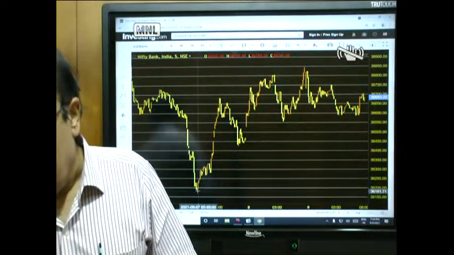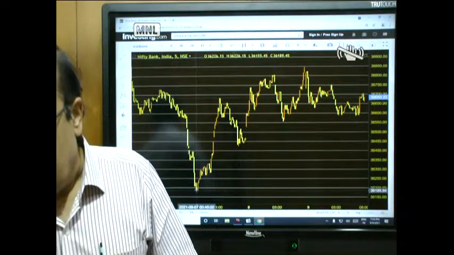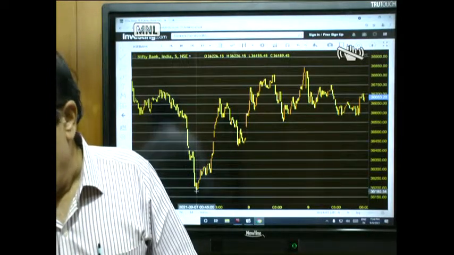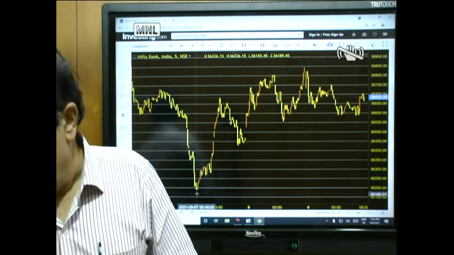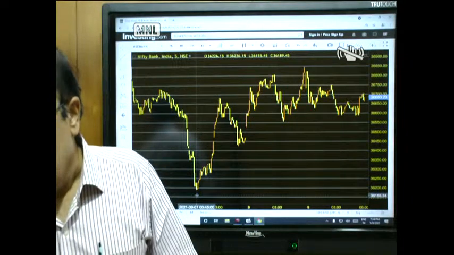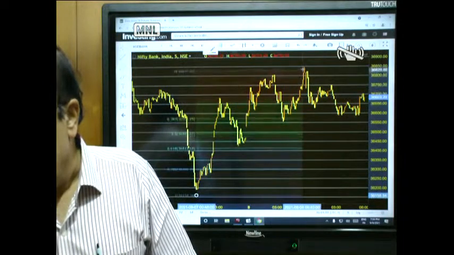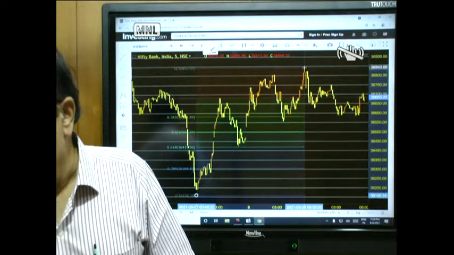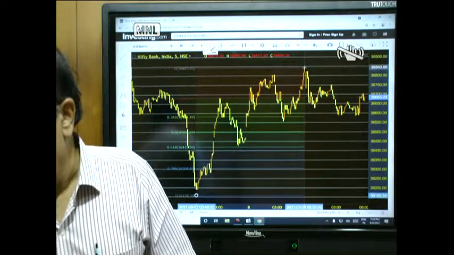The low is 36,155. So from 36,155 to this high, which is 36,843, 850 levels.